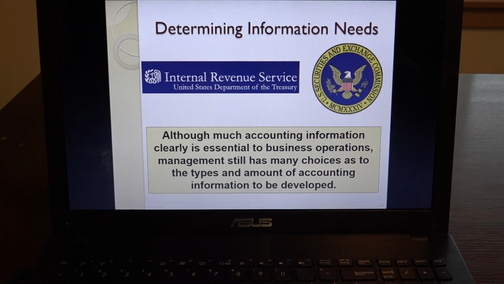If you're a publicly held company, meaning you sell stock on one of the public stock exchanges, the Securities and Exchange Commission, the SEC, requires that you report annually audited financial statements, which we'll talk a bit more about. So, I mean, there are legal requirements of certain companies that require you to accumulate information and store it.